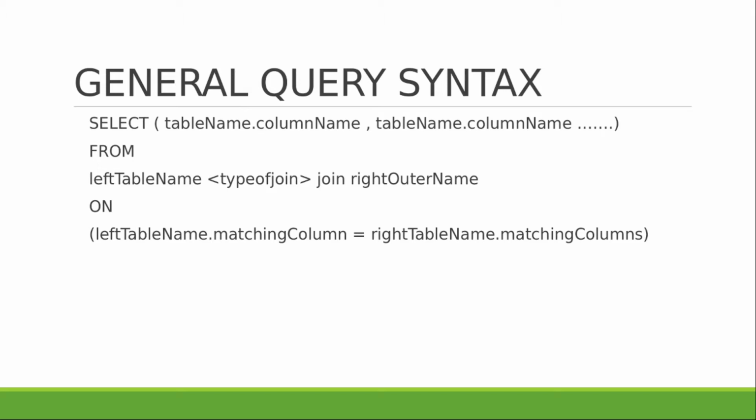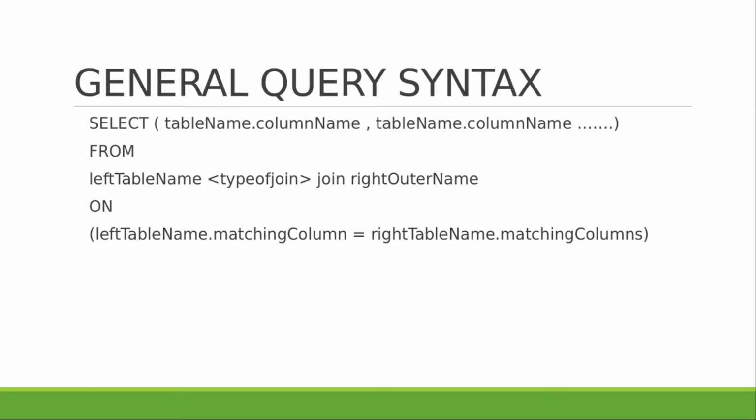Inside the select we mention, comma separated, all the columns that we want to print. Each column is written as the name of the table dot the name of the column. So if the table name is student and the column name is id, I'll write select student.id, student.name if there is a name column that we want to print, and so on.